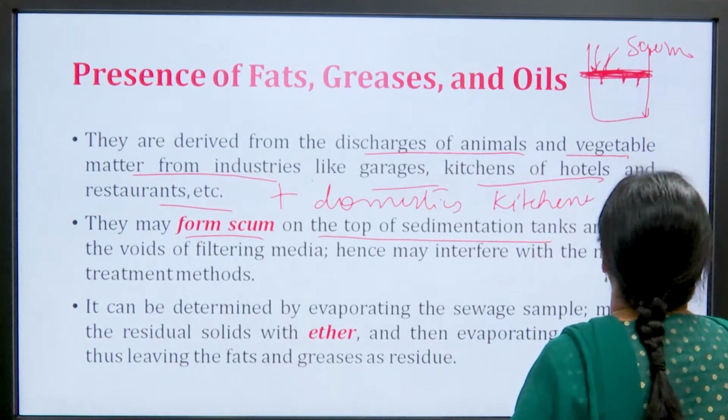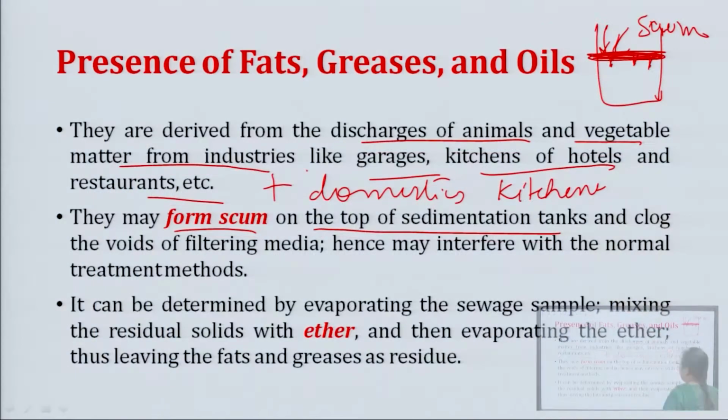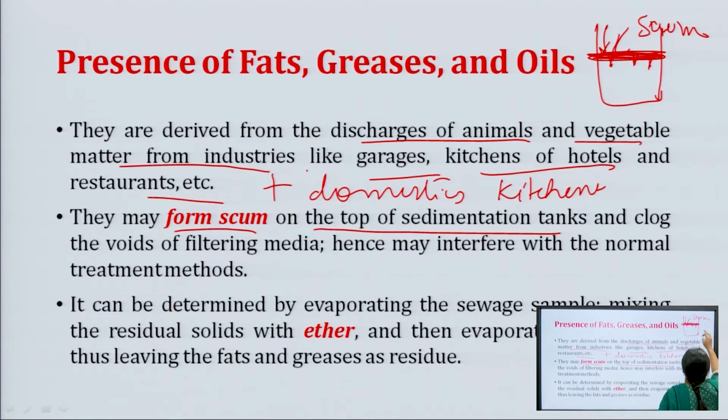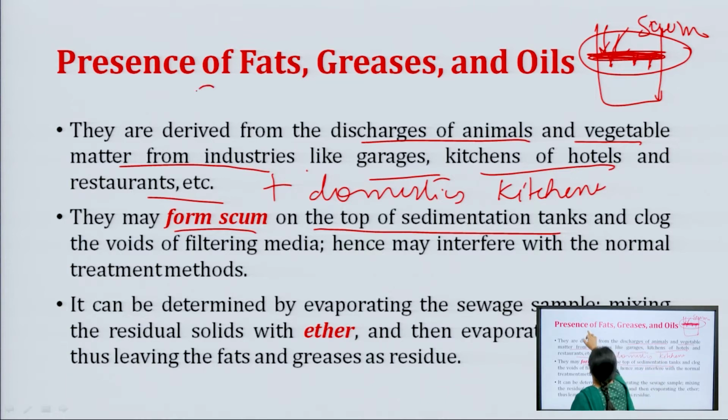To avoid these types of problems, we have to remove this scum before we go for further treatment. So, when we go for sewage treatment plants, wastewater treatment plants, we have a certain tank which is designed to remove all this fat, grease and oil, and that is called a skimming tank.